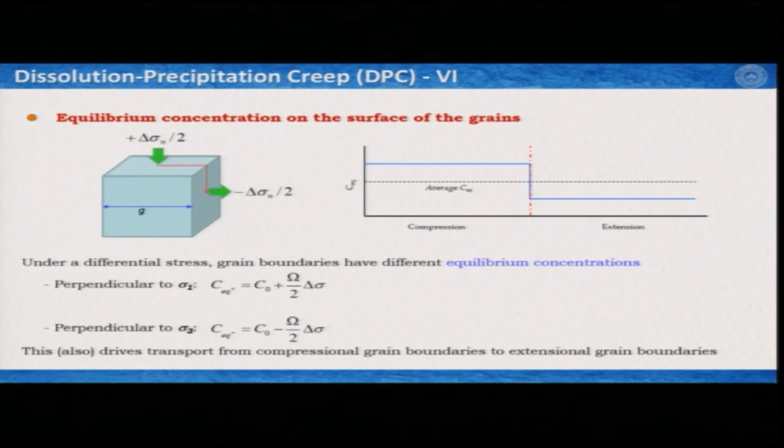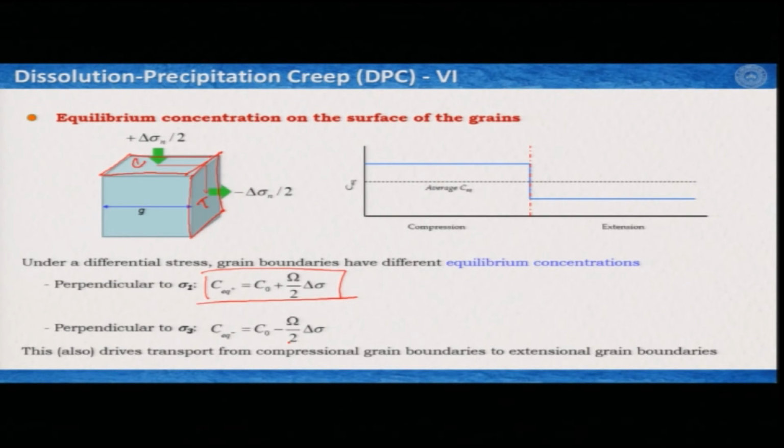And if we try to look at it in terms of equilibrium concentration, we can think of it in a very similar way, that we have this side applying some stress and this side we have the tensile domain. So, this is compressive domain, this is tensile domain. So, perpendicular to this one we have a very similar equation we have derived. Here it is plus and here it is minus.